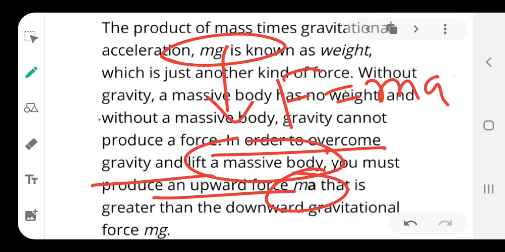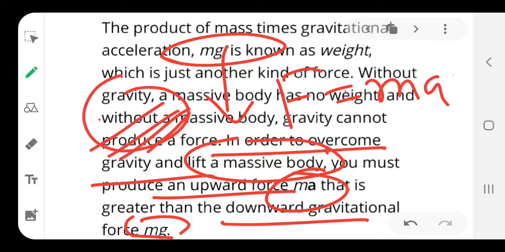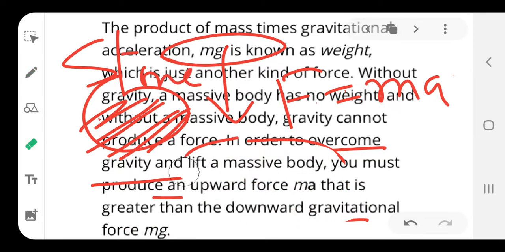So, you have to apply enough force to lift the body that is greater than the downward gravitation called mg. That means, whenever you want to lift a body, you have to apply force which should be more than mg. G is gravitational force. That is why you can't lift a heavy stone individually, because in this case the mg is more than your lifting force ma.